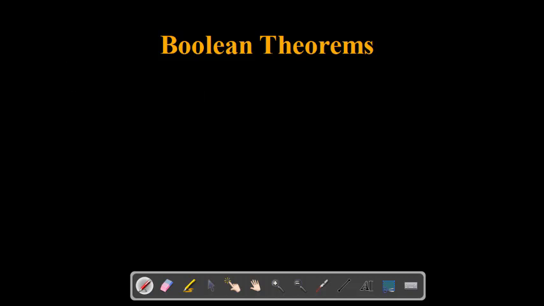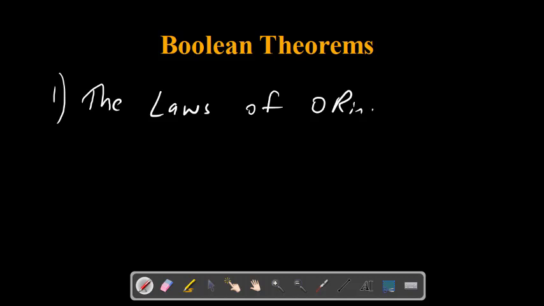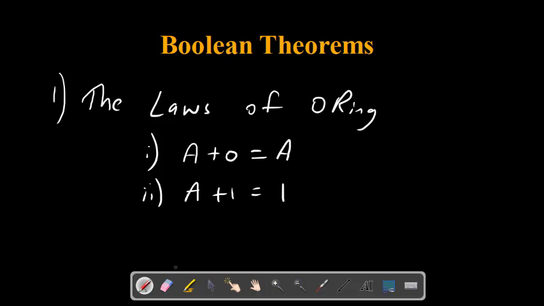So first we take on the laws of ORing. We study the laws of ORing. The first one, A or 0 is equivalent to A. Then A or 1 is equal to 1.